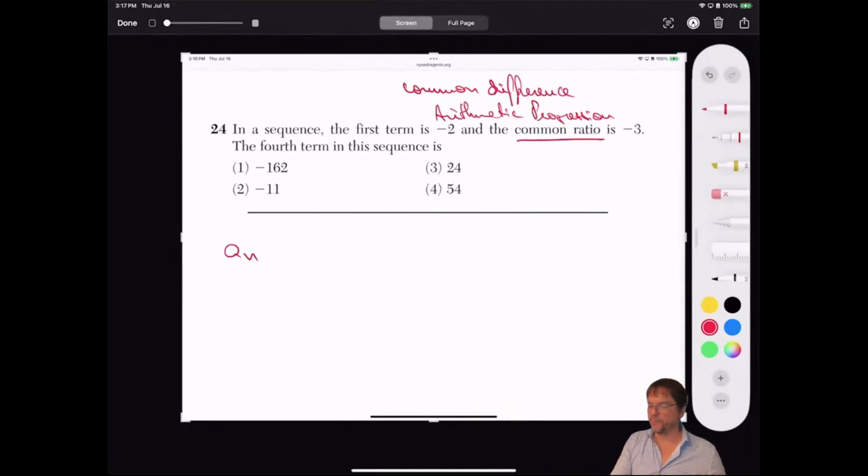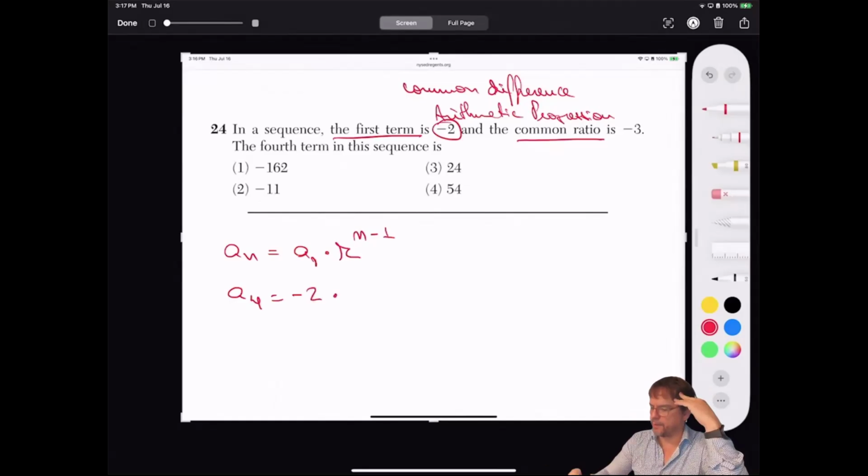To find any term of a geometric progression, it is the first term times the common ratio to the power of the number of the term minus 1. Is that okay? So here, in the sequence, the fourth term is the first term times the common ratio to the power of 4 minus 1.